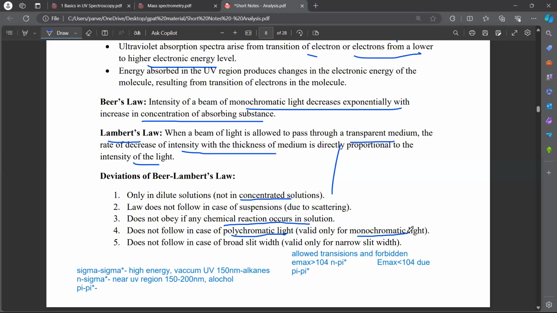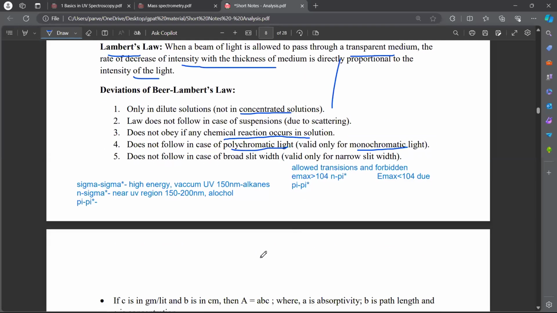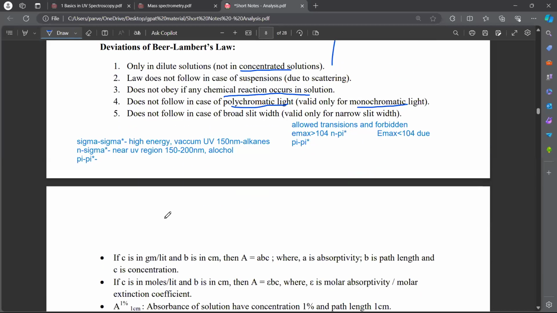Basically, the wave which has a single wavelength. You are getting confused between polarized light, non-polarized light and monochromatic light. For example, we have radiation with wavelengths from 200 nanometers to 400 nanometers.